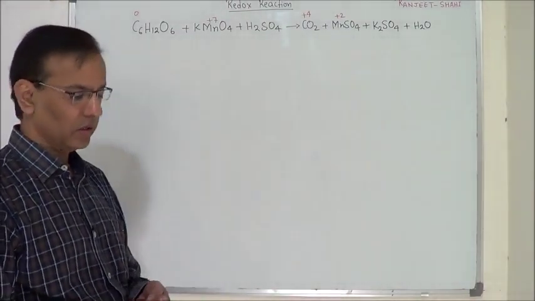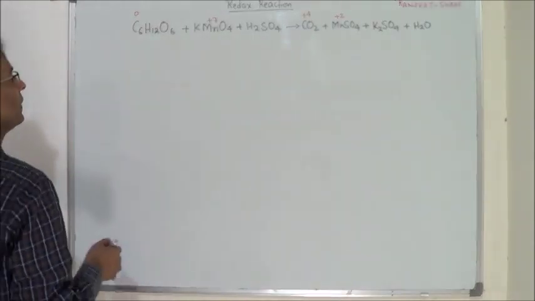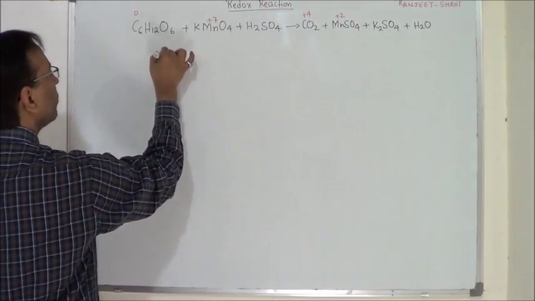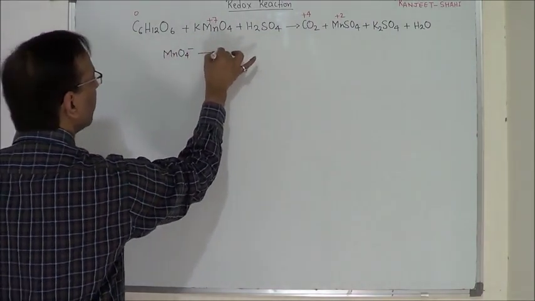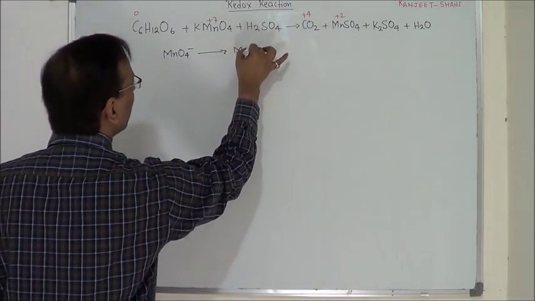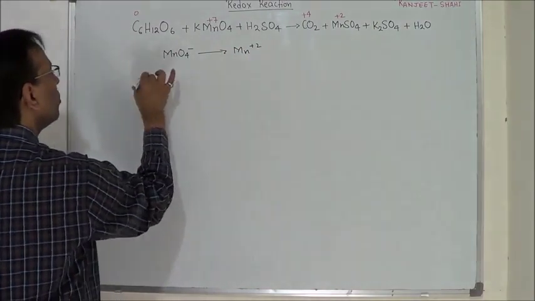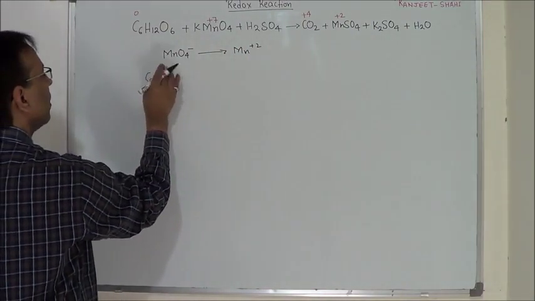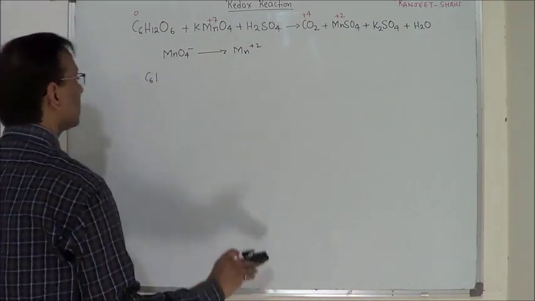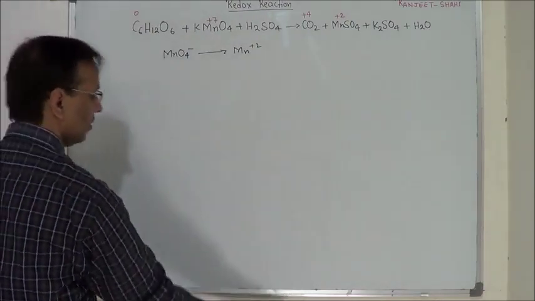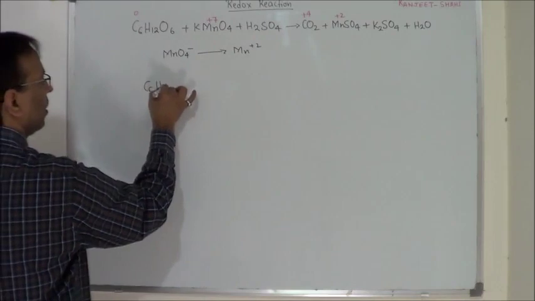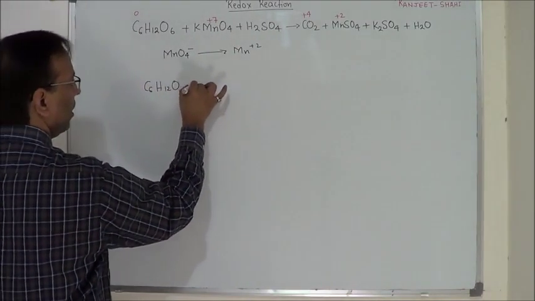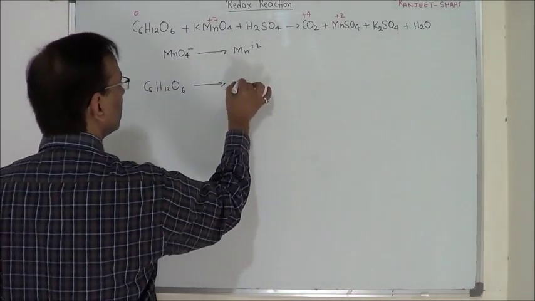If we split this reaction into half reactions, what do we obtain? MnO4- giving Mn2+, and glucose C6H12O6 giving CO2.